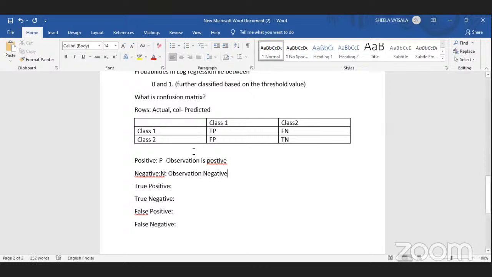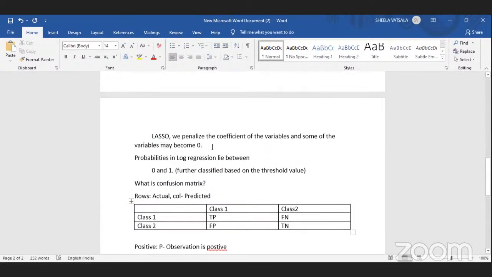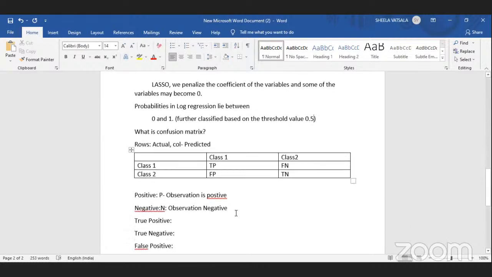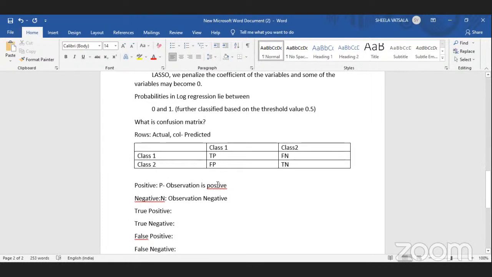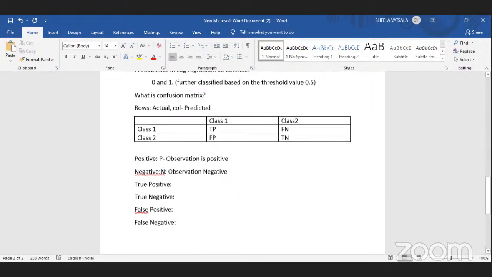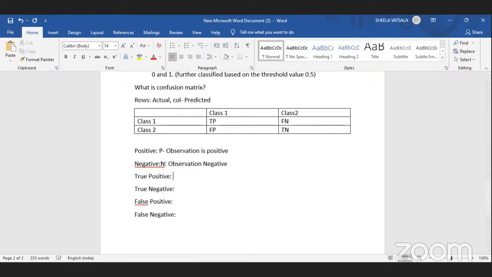Because we are giving a threshold value between 0 and 1, we probably give 0.5 as our value. Anything above 0.5, we treat as positive. Anything below 0.5 will be taken as a negative value. That is how the machine will understand our classification, how we want to see the results.